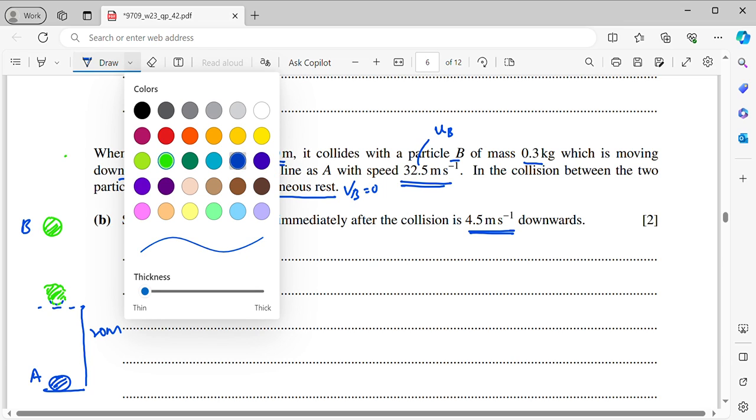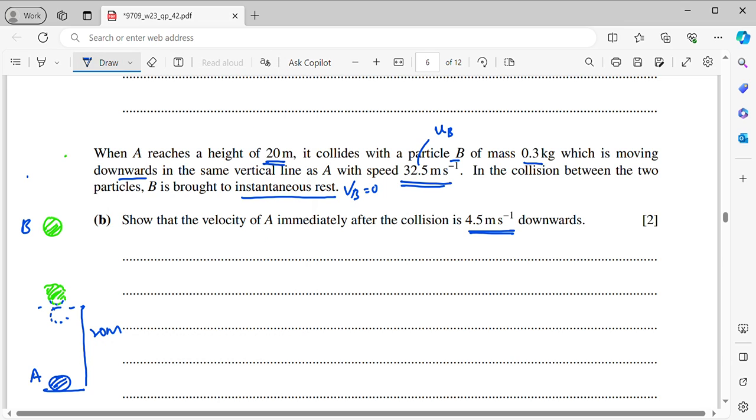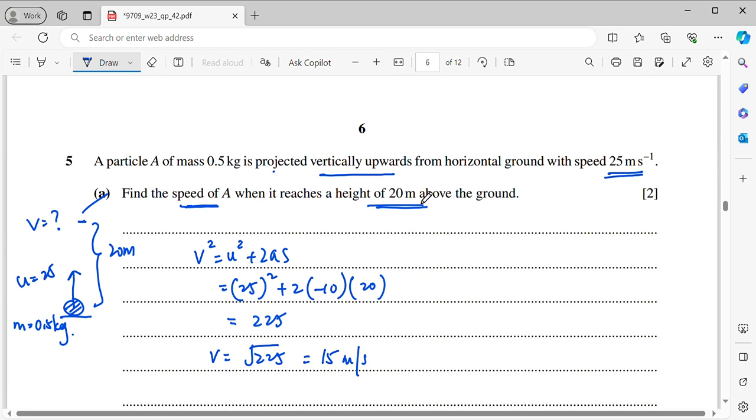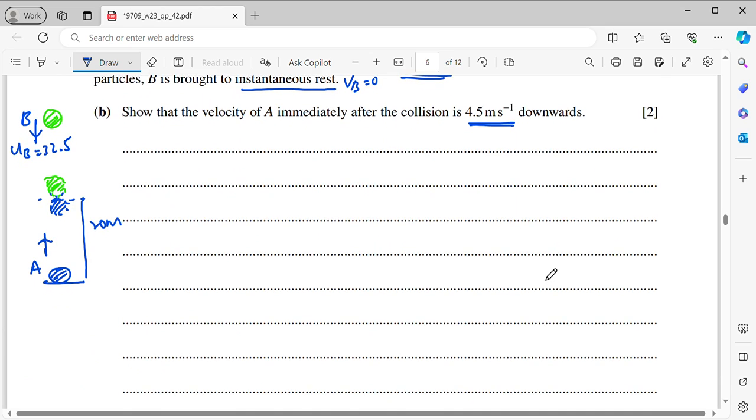Then the A. So now the UB is this one going down, this one going up. So the UB is 32.5. Then the UA just now, UA is 25.